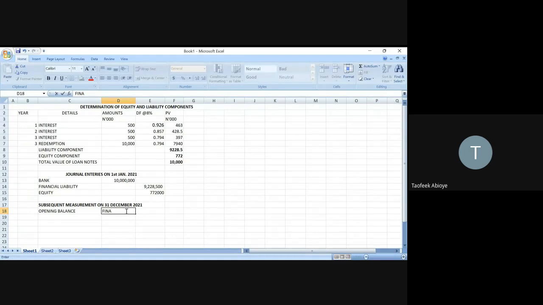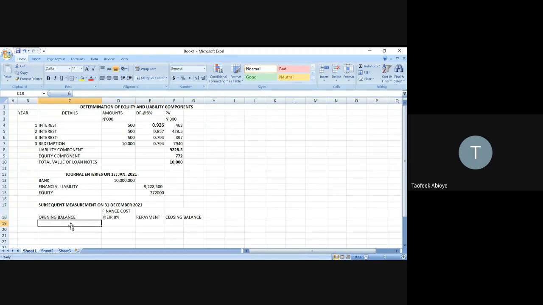Okay, this will be finance costs, at effective interest rate, EIR. What's our effective interest rate? 8%. Then we have repayment. Then we have closing balance. So this is what we are going to do. Let me wrap this so that we can see it.